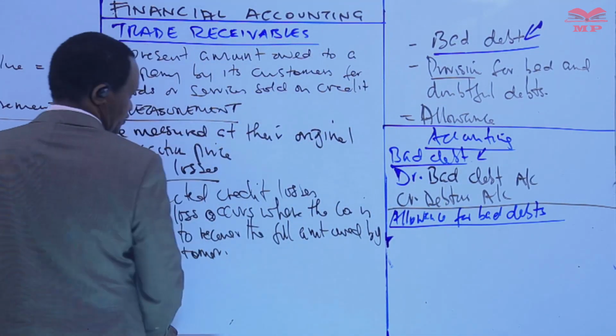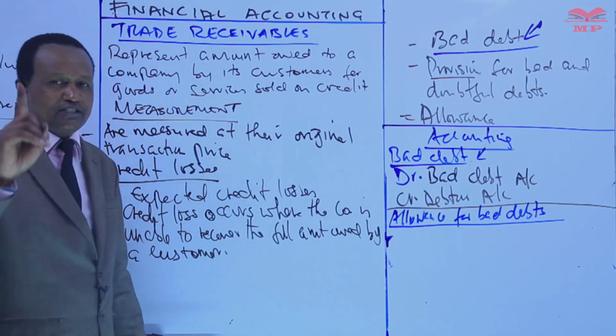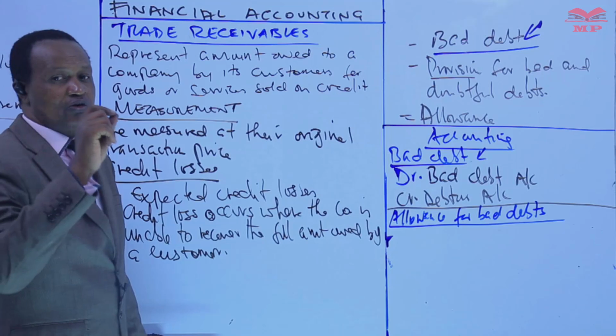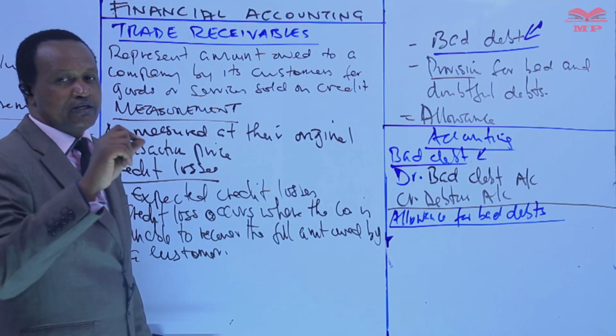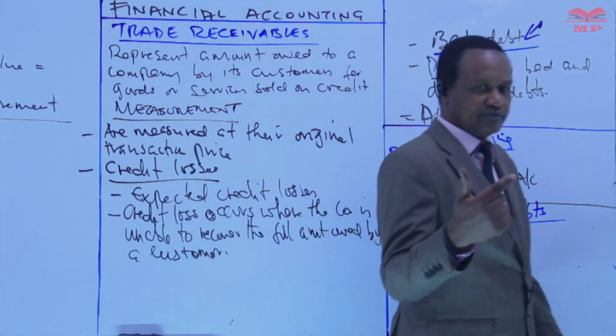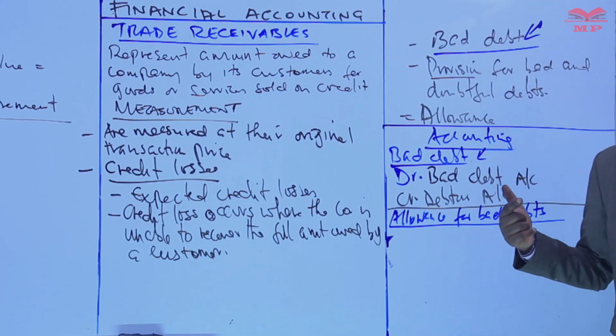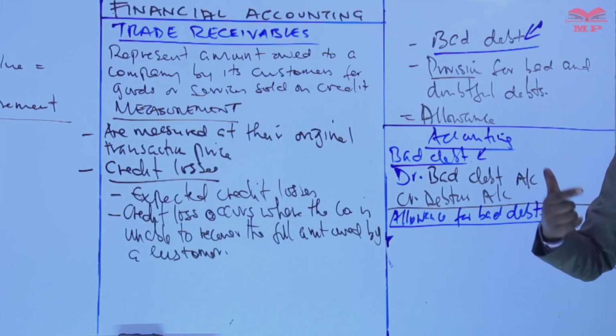Accounting for allowance for bad debts, first of all, depends on the year of accounting. The year. Depends on the year of trading.